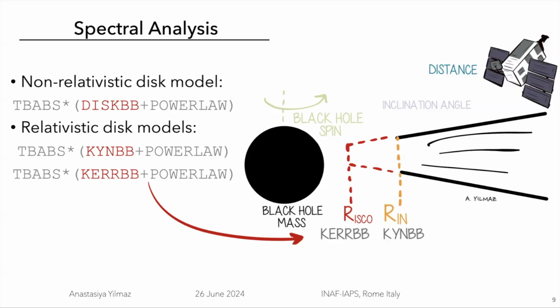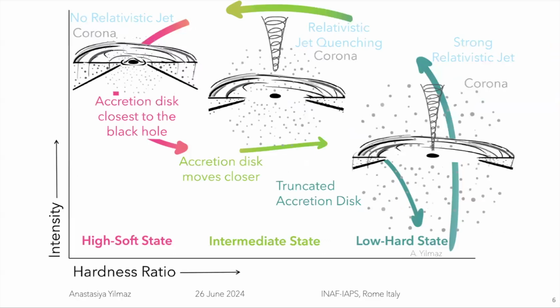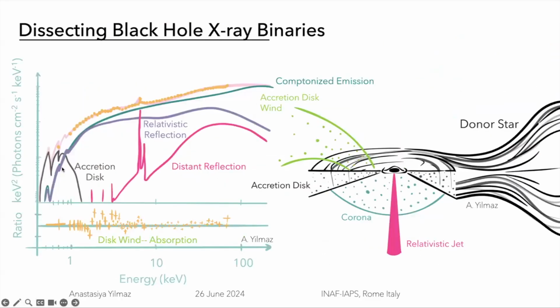So that's what people were actually trying to do very early in the mission of RXTE. But the problem with this specific instrument is that it only goes down to 3 keV. So you are missing a big chunk of this very teeny tiny emission here.